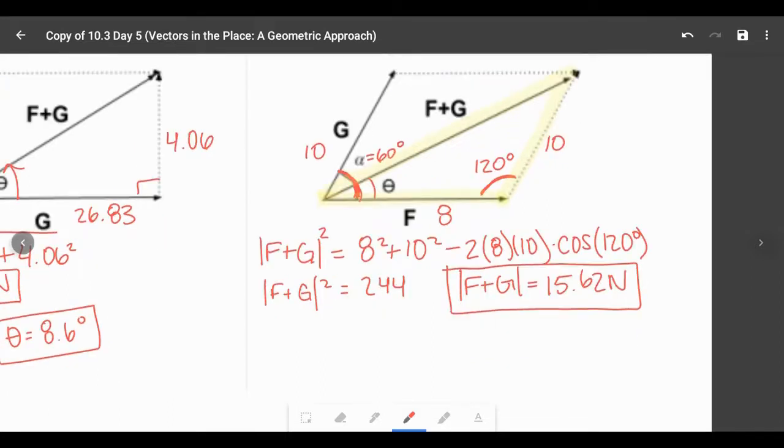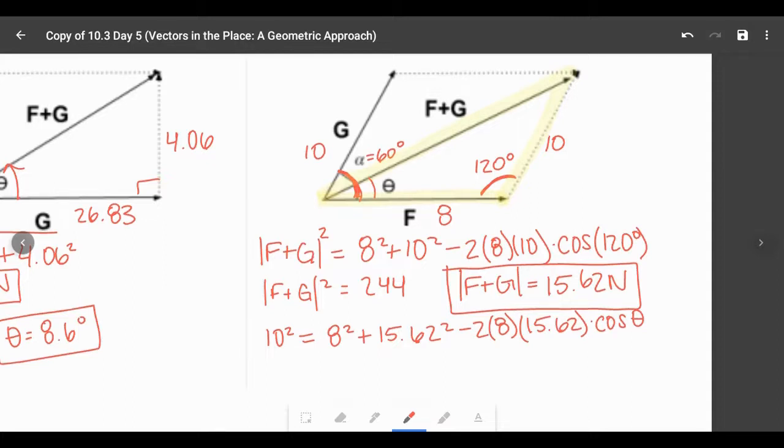So now to find theta, again, I'm going to go back and use law of cosines to find that missing angle. So I'm going to set up that 10 squared equals 8 squared plus 15.62 squared minus 2 times 8 times 15.62 times the cosine of theta.